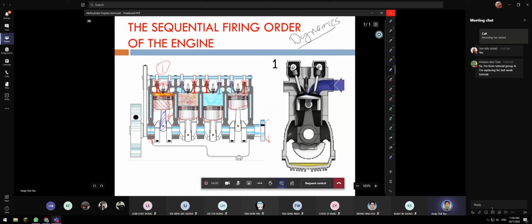This rod then goes to the crankshaft. This part is a crankshaft. Now each of these must be strong enough to withstand the force. All right. For example, this is the force. Okay. So we call this a firing force. Okay. If the firing force is strong, and then your linkages are not strong, then you will break into pieces.